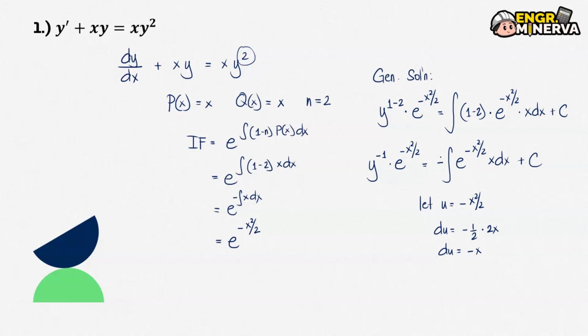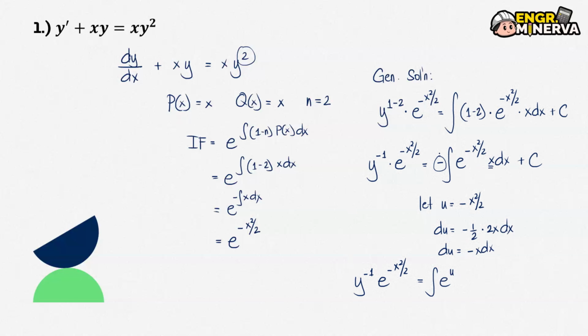But eventually, our negative sign is here, and we already have our x on the inside function, so we can put it inside. That would be integral of e raised to u, this would be dx.